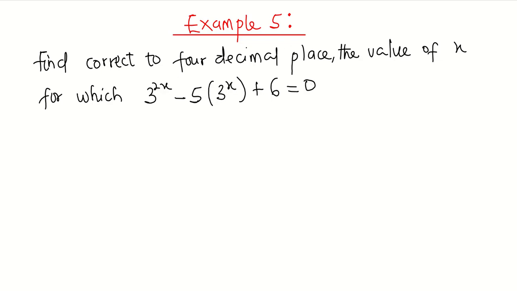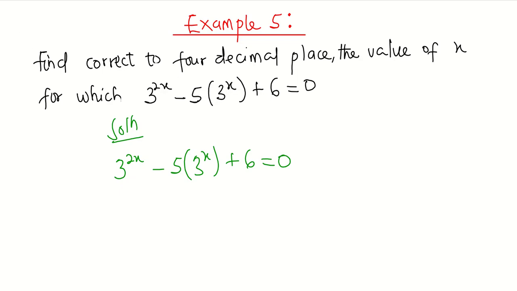So in this instance, we first have to write our equation as 3 exponent 2x minus 5 multiplied by 3 exponent x plus 6, which is equal to 0.